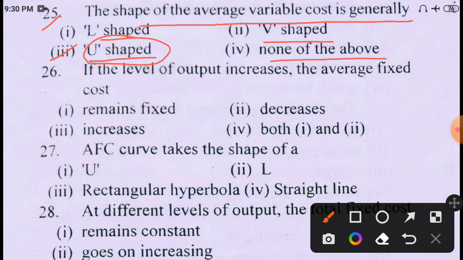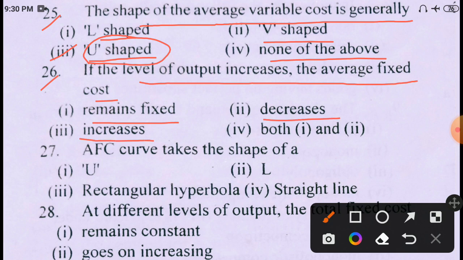Next, 26. If the level of output increases, the average fixed cost: (i) remains fixed, (ii) decreases, (iii) increases, (iv) both (i) and (ii). If the level of output increases, the total fixed cost remains unaffected.